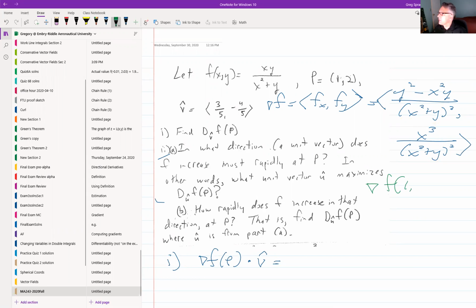So the gradient of f at (1, 2): del f del x is 4 minus 2 over 9, and del f del y is 1 over 9.